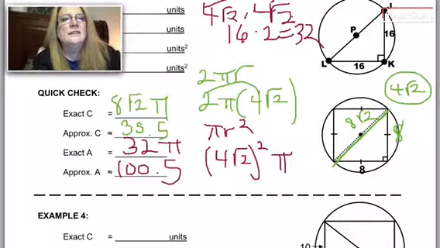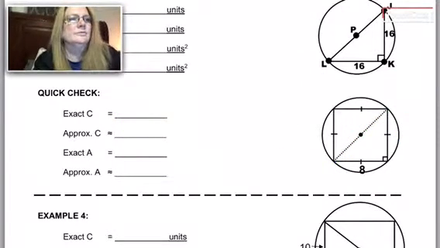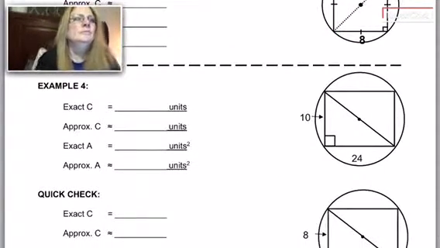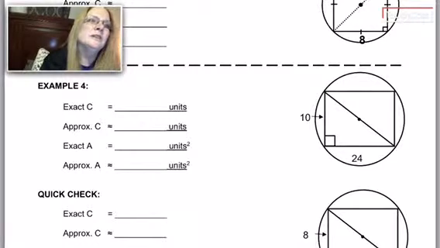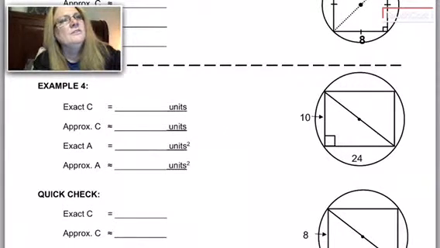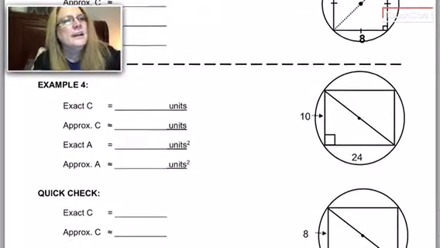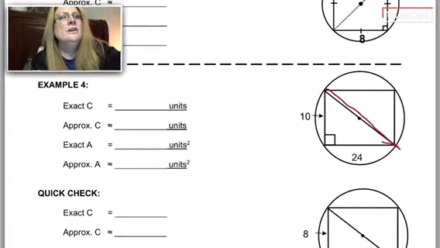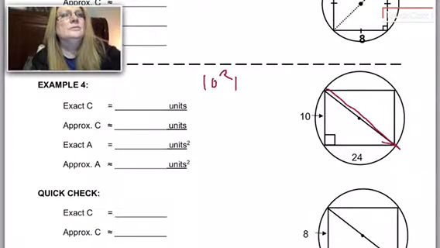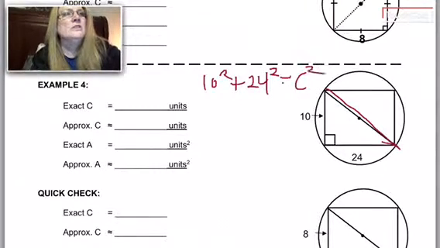All right, let's look at the next example. Here we're going to have to use the Pythagorean theorem to find the diameter. All right, so 10 squared plus 24 squared is equal to c squared.